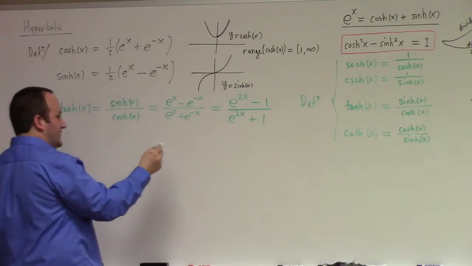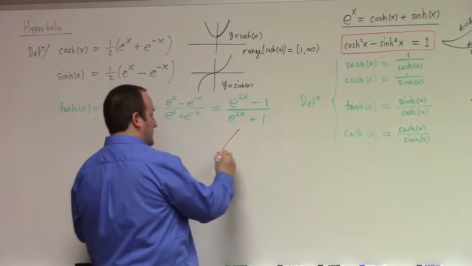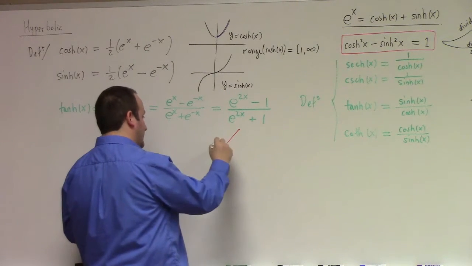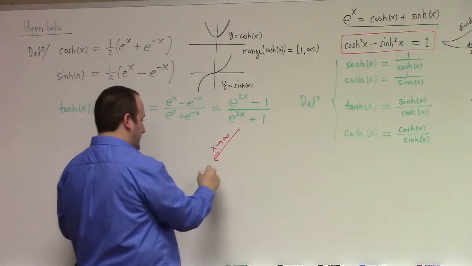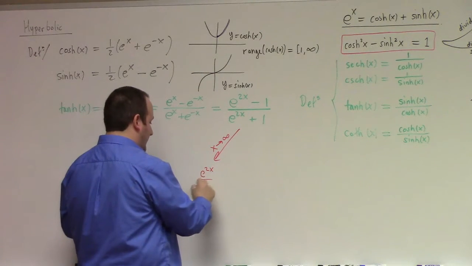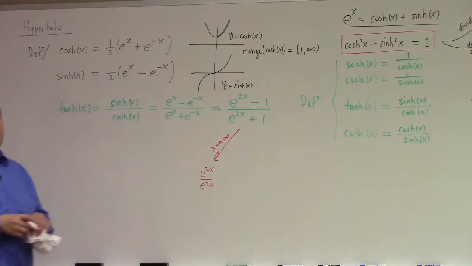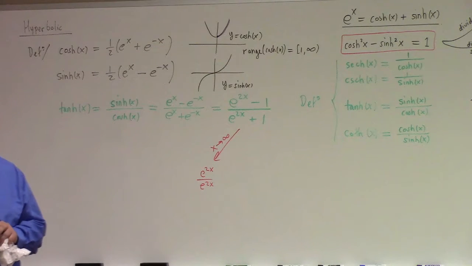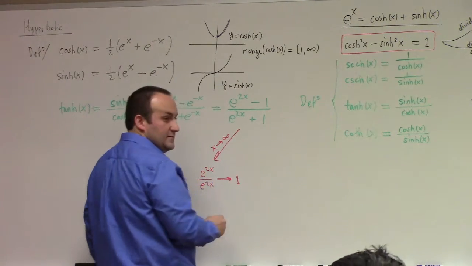It's not hard to convince yourself that as x goes to infinity, this is essentially e to the 2x over e to the 2x after a while. Plus or minus 1 doesn't matter when compared to e to the 2x as x goes to infinity. It's huge. So this is tending to 1 as x goes to infinity.